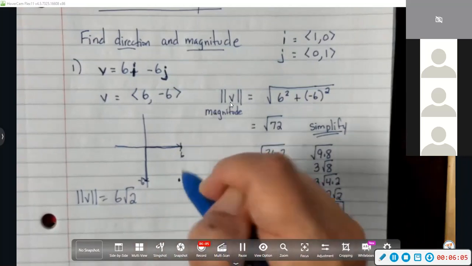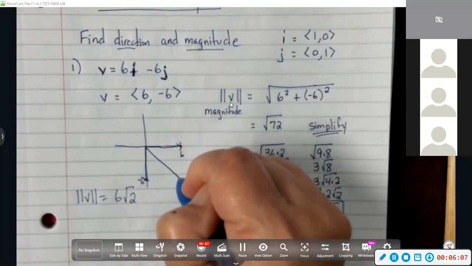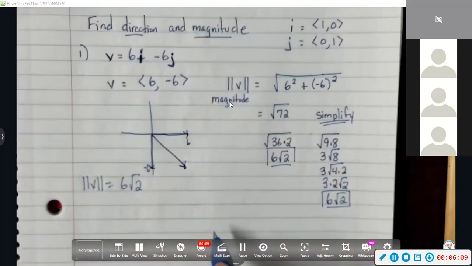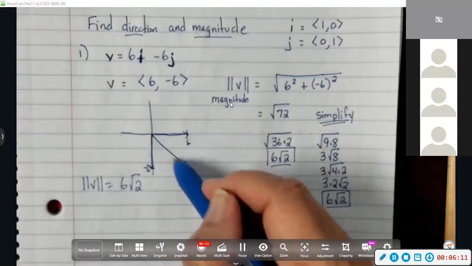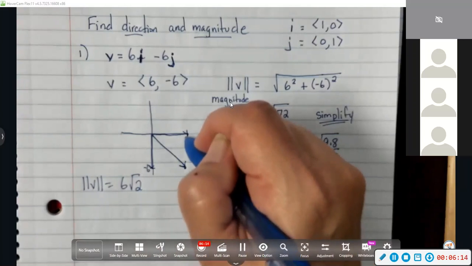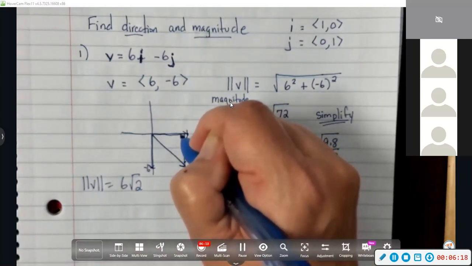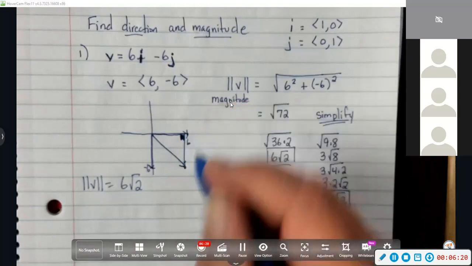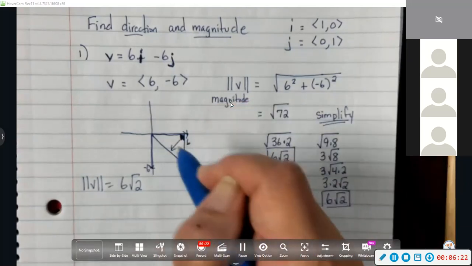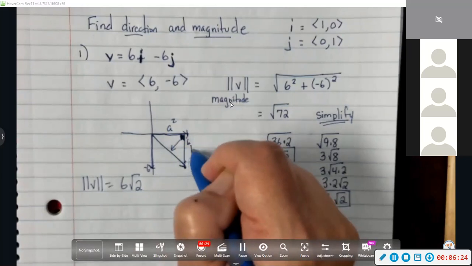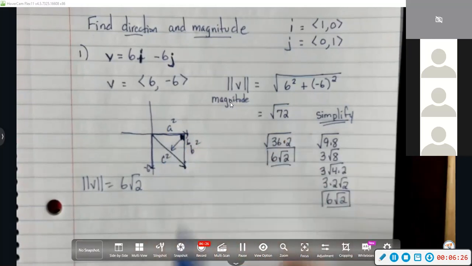So our vector goes like this. Okay. So if I want the length of this vector, it's the distance formula or the Pythagorean theorem. a squared plus b squared equals c squared.